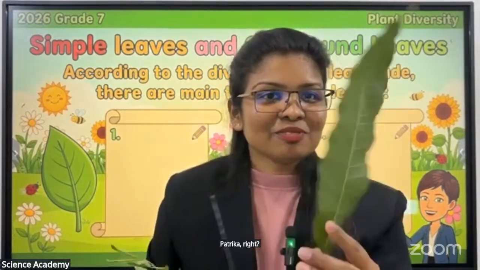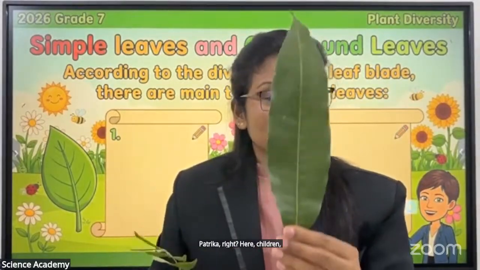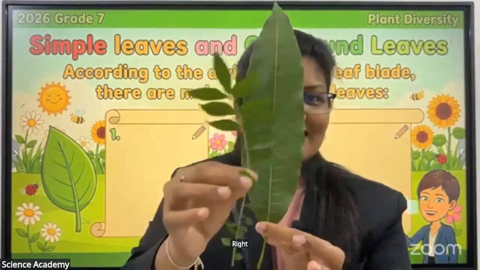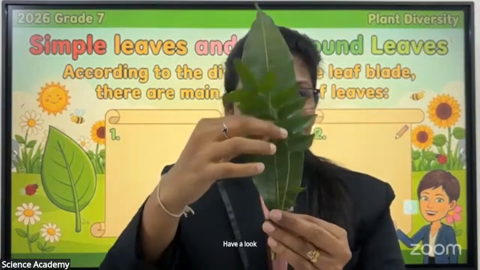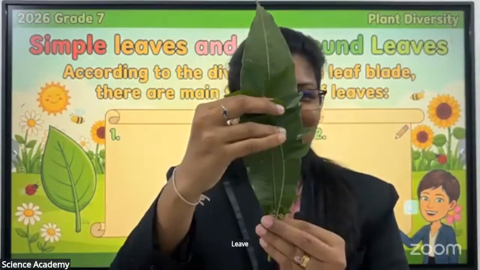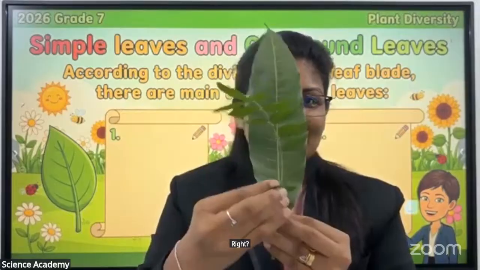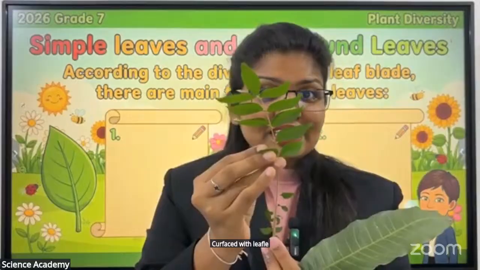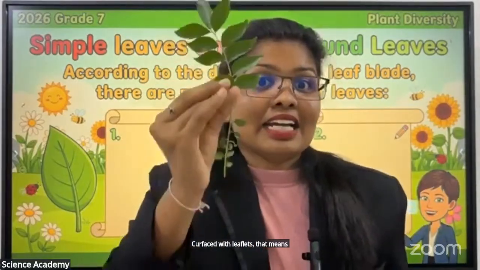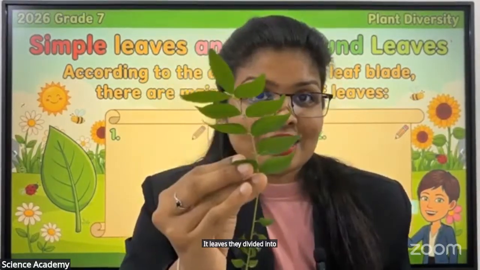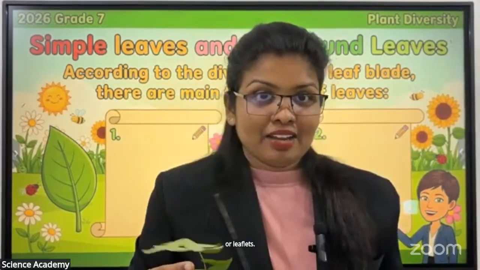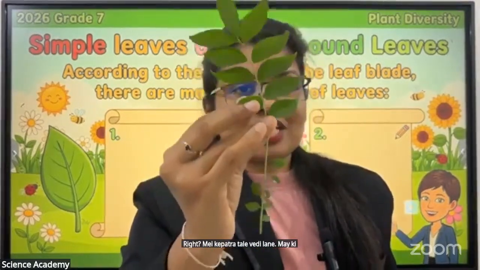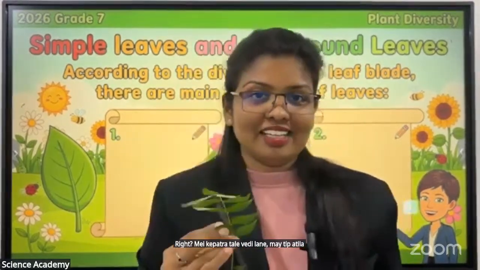Here children, this is the leaf blade. It is not divided, right? But children, have a look once I keep this leaf on this mango leaf, right? Altogether this curry leaf consists of leaflets. That means its leaf blade is divided into segments or leaflets. This one's leaf blade is not divided. This one's leaf blade is divided into small pieces making leaflets.